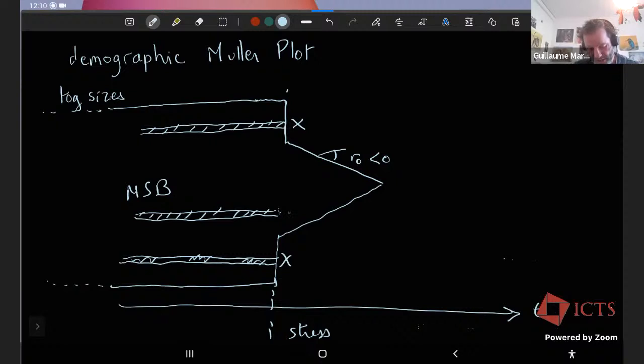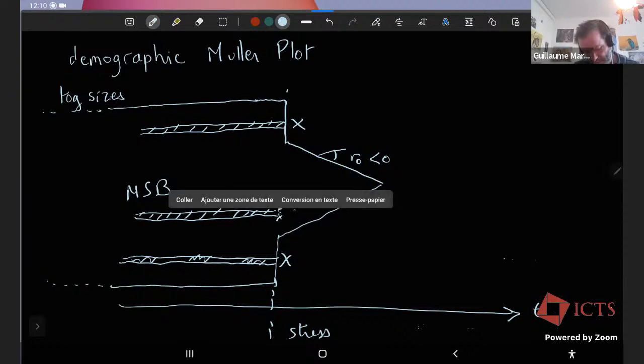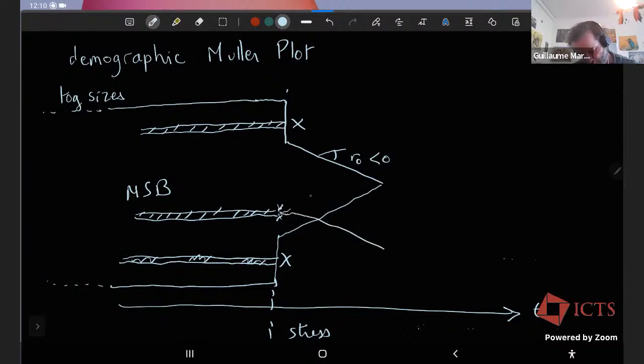So one of the lineages is lost, another is lost, and one of them avoids this extinction, and now it can increase. It's actually straight lines because it's log scale demography.